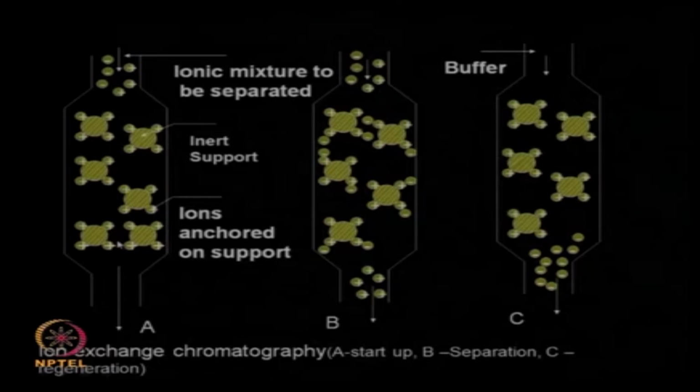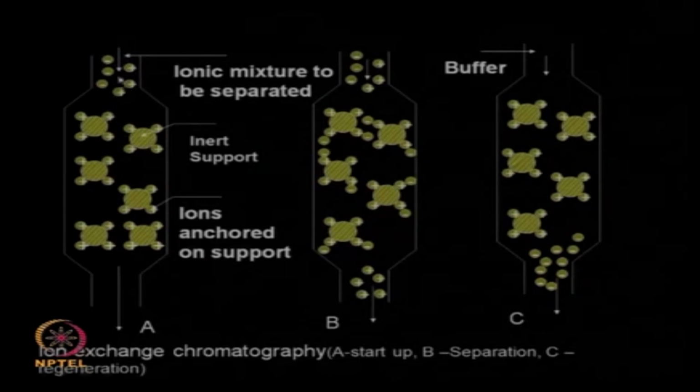Nowadays mostly they use synthetic polymers, and then we may have a certain set of ions, for example in this particular example they have a lot of plus ions. Now when you feed a mixture of plus and minus, what will happen? All the minuses will bind to the pluses and the pluses will go away.